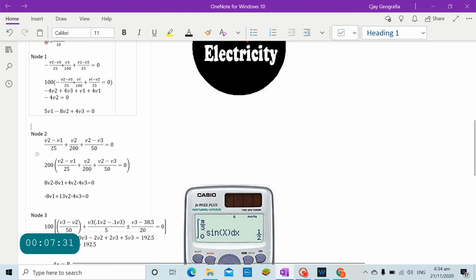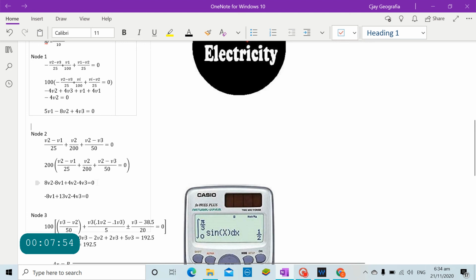So we need to find the LCD again so that the equation is simplified. So we multiply each term by 200, and we come up with 8V2 minus 8V1 plus 4V2 minus 4V3 is equal to 0.